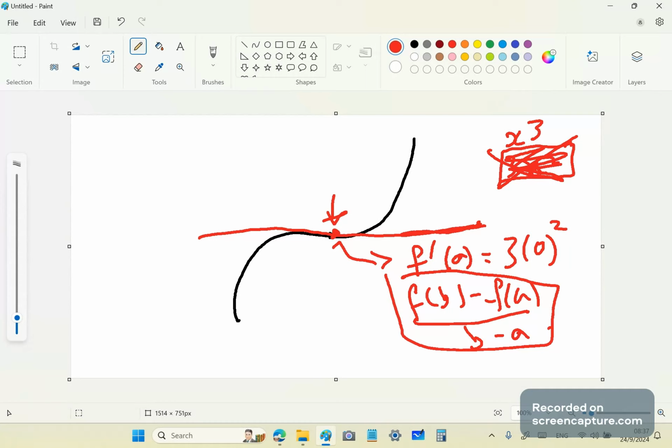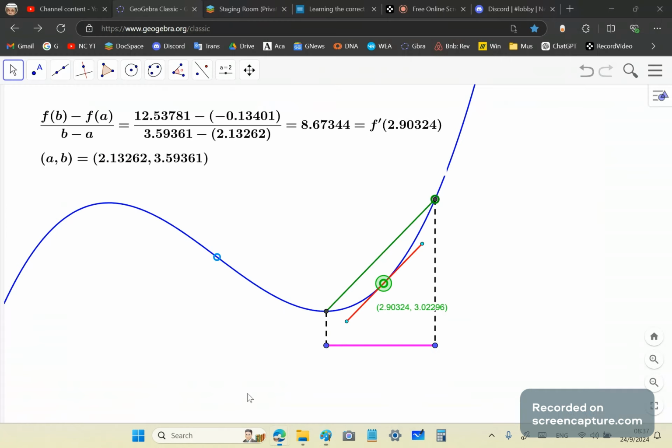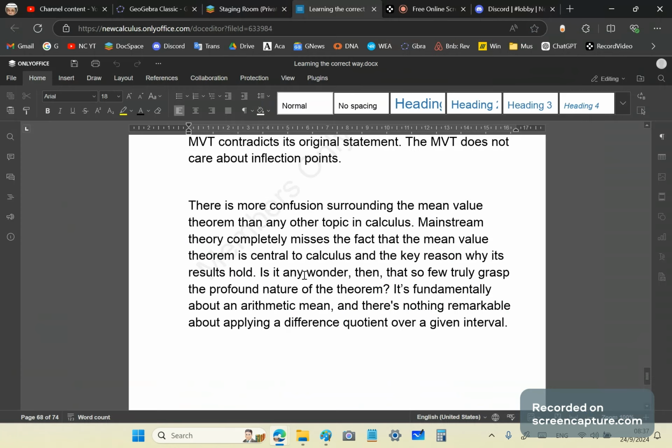And it applies to inflection points because read the statement carefully. It says that f is differentiable on AB and C is in AB. Well, if it's differentiable at C, then there must be a finite difference quotient. Okay, so not to spend any more time, because if you don't get it by now, you'll never get it. And by the way, this is one of the things I address in here.